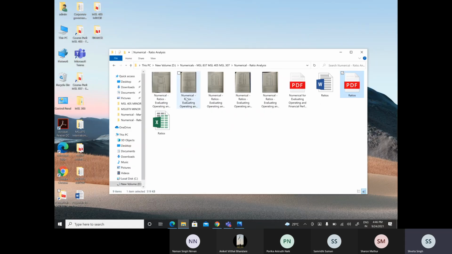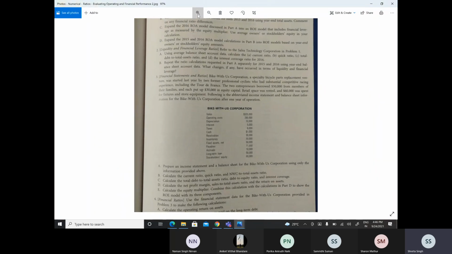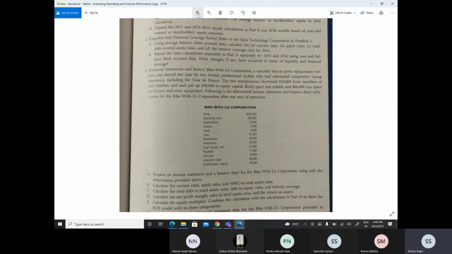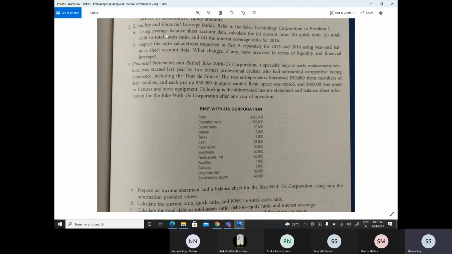Okay, then let us look at the other questions. The second question deals with liquidity and financial leverage ratios. Refer to the Salza Technology Corporation in problem 1.